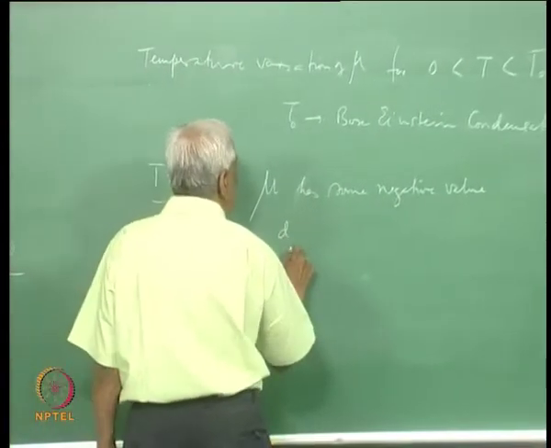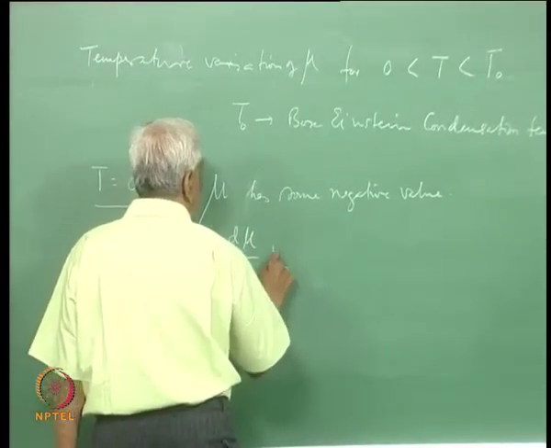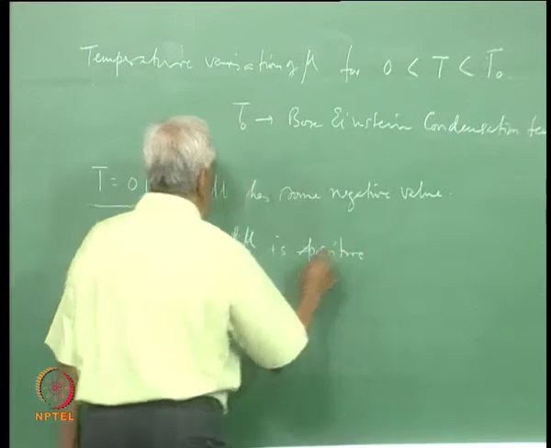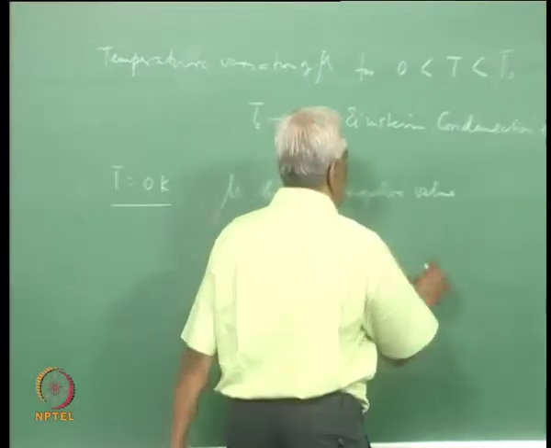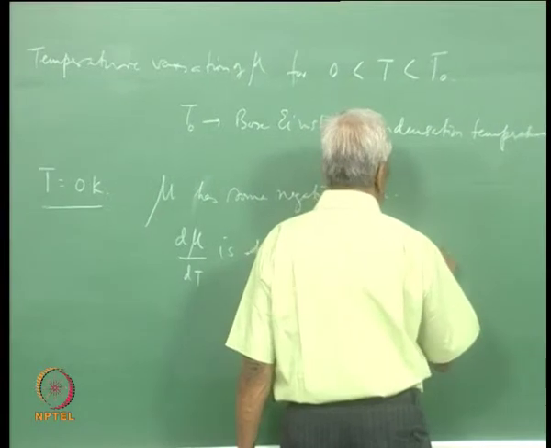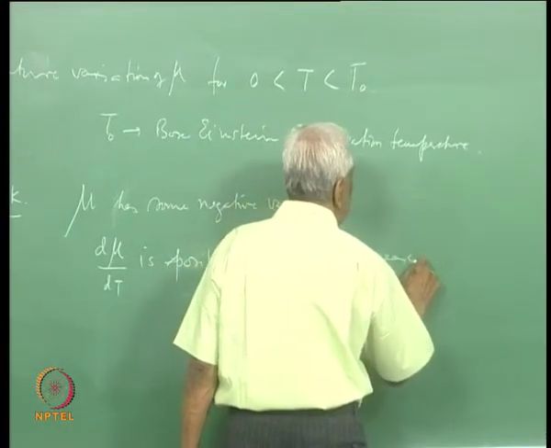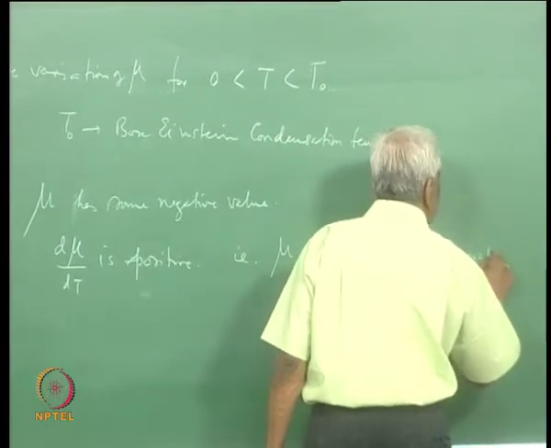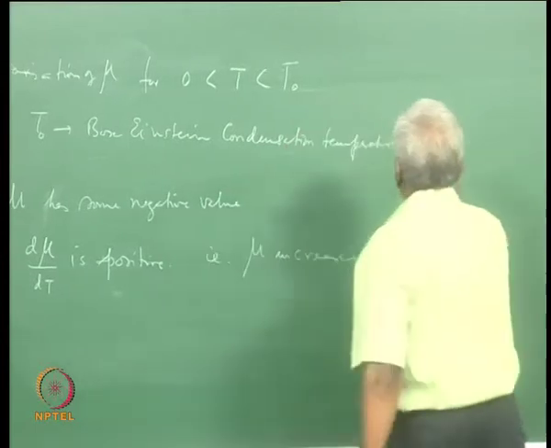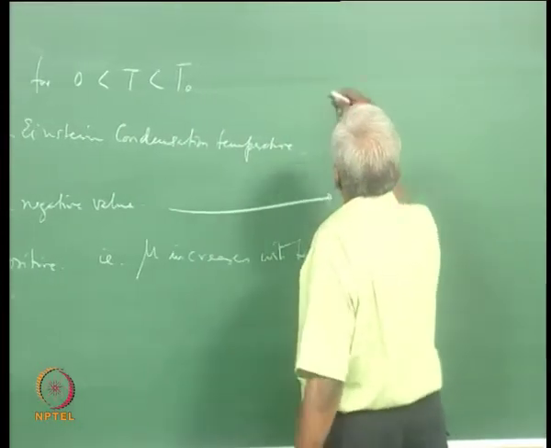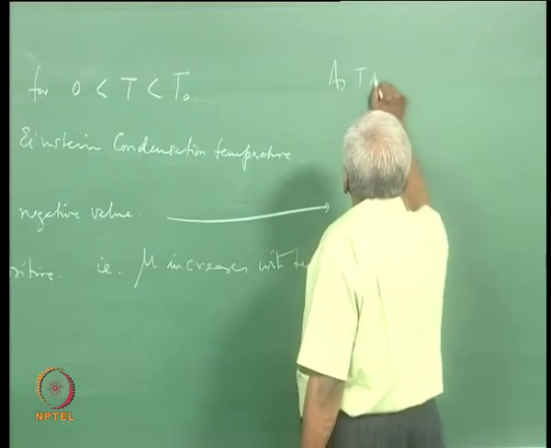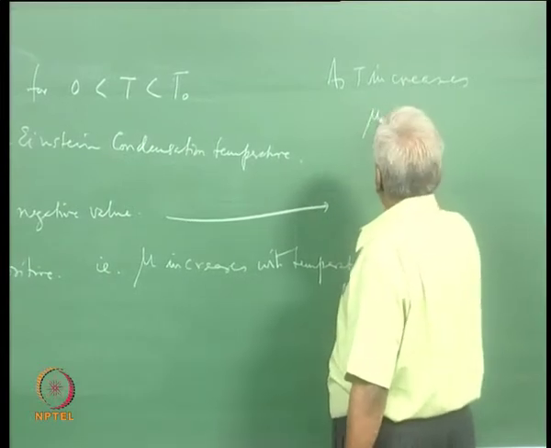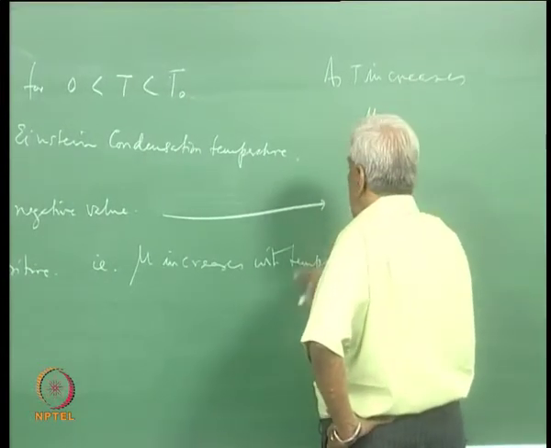Then we also know that d mu by dT is positive. That means as temperature increases, mu increases. So, as one increases the temperature from absolute 0, as T increases, mu also increases.